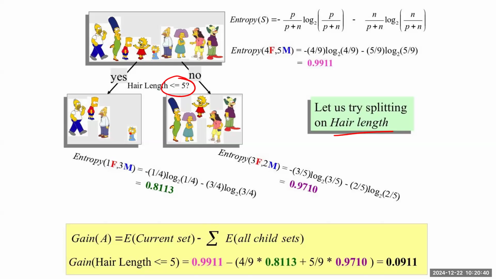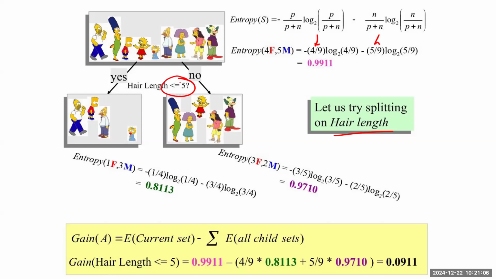And so I compute the entropy of this node. The entropy of this node is 0.9911. So basically it's almost equal, 4 versus 5, it's almost equal. So the entropy is very high. So it's basically like 4/9 and then 5/9, over 9.